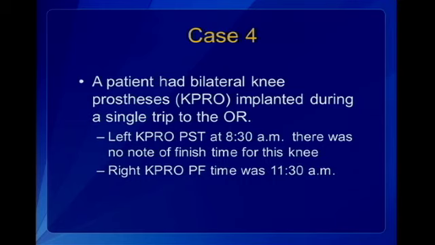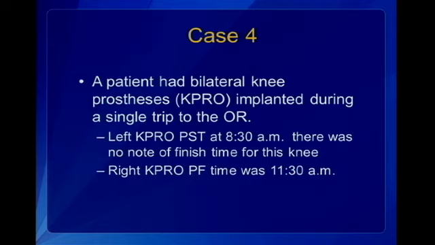So let's do a case here. Case 4, a patient has a bilateral knee prosthesis, a K-Pro, implanted during a single trip to the OR. The left K-Pro procedure start time was at 8:30 a.m. and there was no note of procedure finish time for this knee.